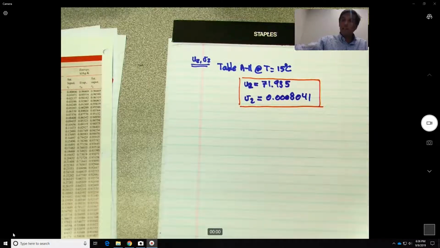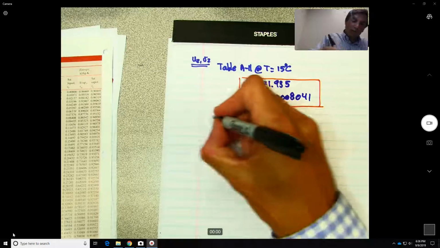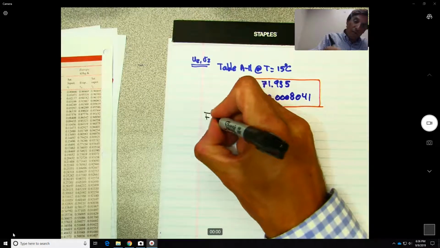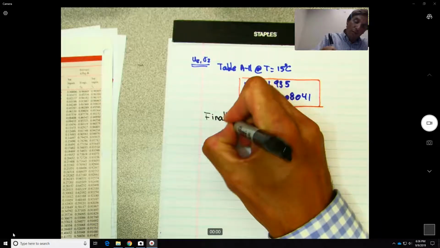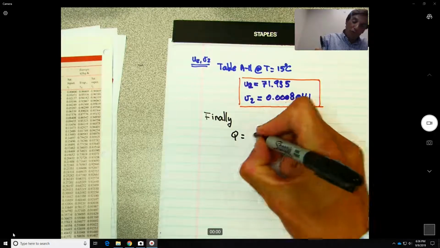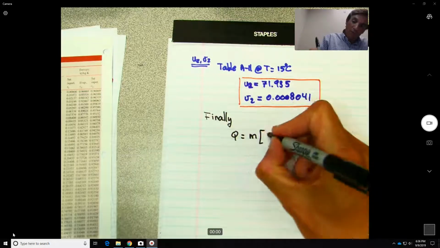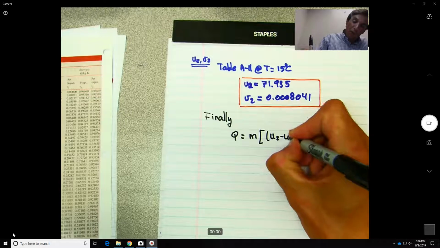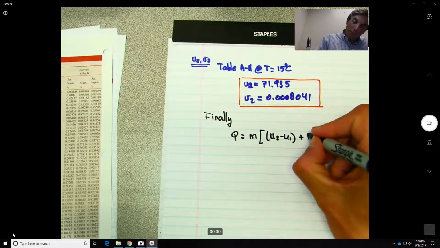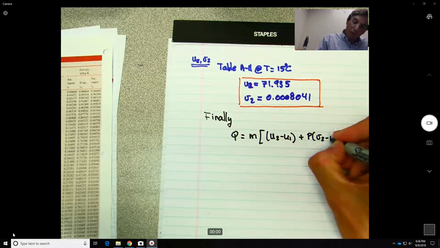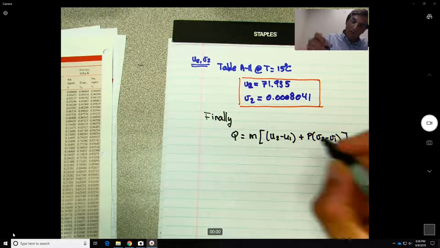Okay, so finally, if we substitute into the expression Q equal M times (U2 minus U1) plus P times (V2 minus V1), what do we get?